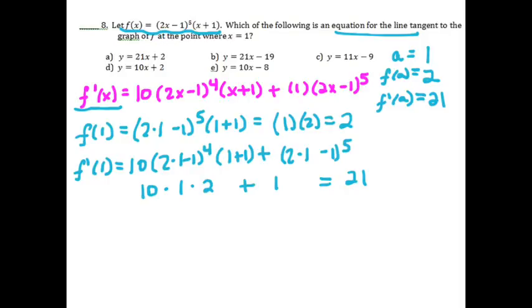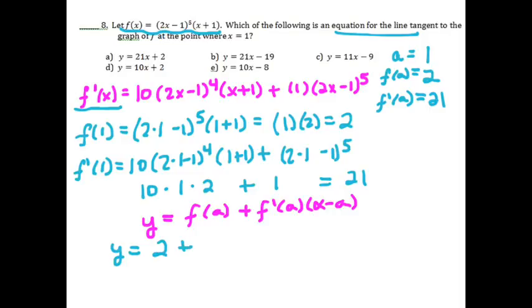And now we have everything that we need to write the equation of the tangent line. I'm just going to remind us of the formula. Y is equal to f of a plus f prime of a times (x minus a). And so y equals f of a, which is 2, plus f prime of a, which is 21, times (x minus a, which is 1).